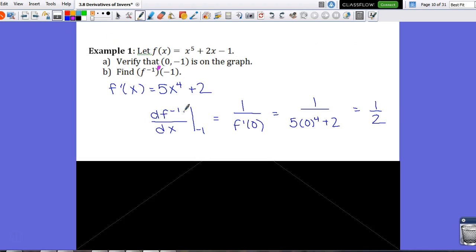So the inverse derivative at -1 is equal to 1 over the derivative at 0, because it's the x value of the original, since this is the y.